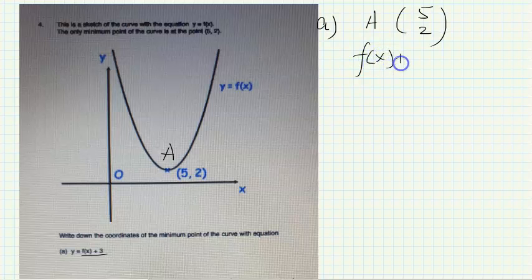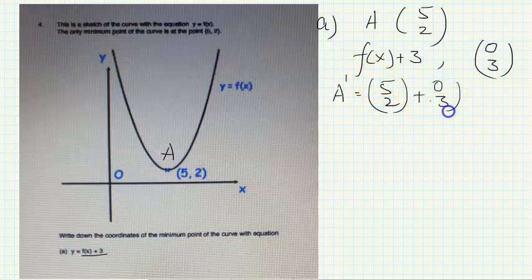Its column vector is equivalent to 0, 3, because it is going to shift only the y-axis in the plus direction. So the coordinate of the new point is 5, 2 plus 0, 3. So that is going to be 5 and 5.